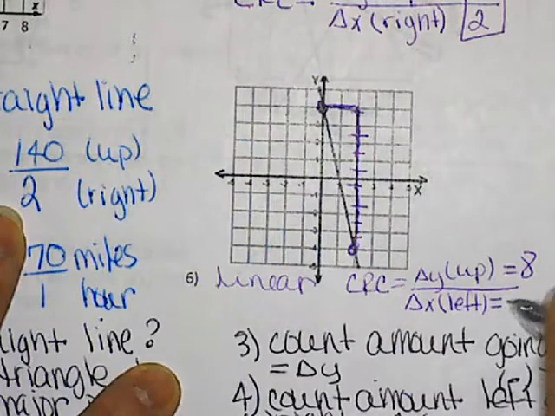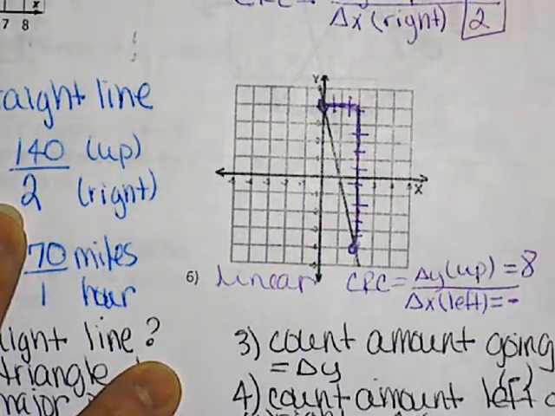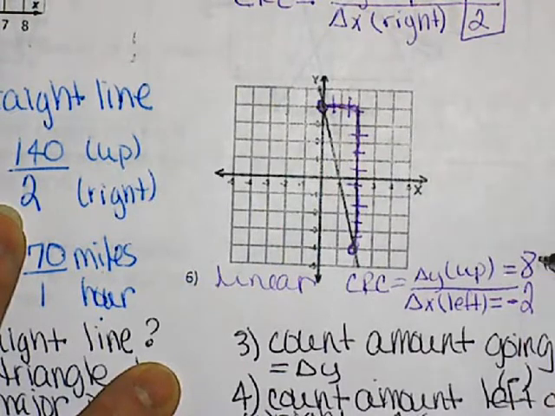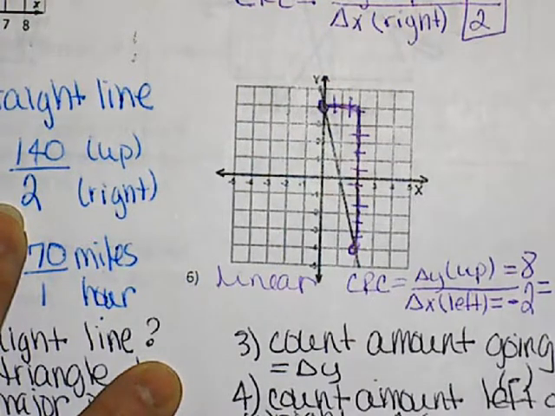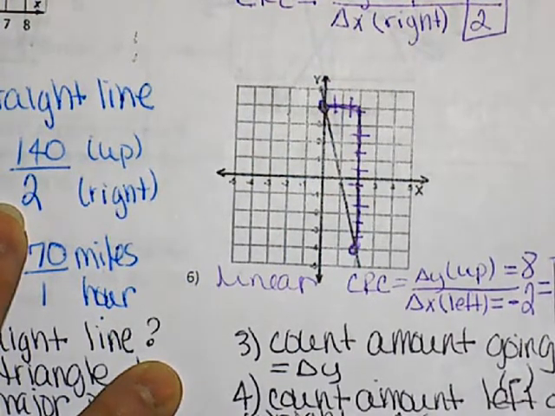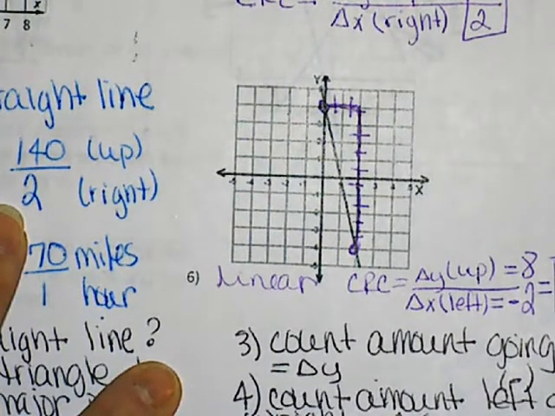You are correct. It is negative. I'm going to go negative 1, 2. I recognize that both 8 and 2 can be simplified by 2. Therefore, my constant rate of change is negative 4 over 1. Does anybody have any questions at this time?